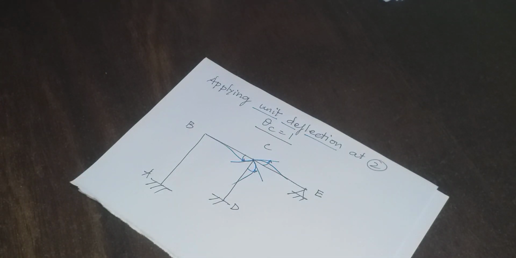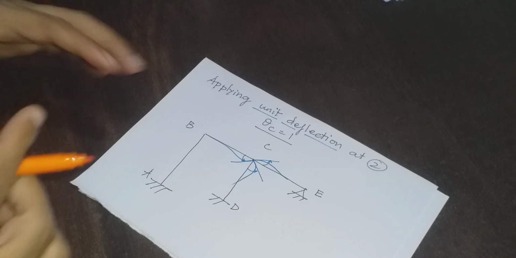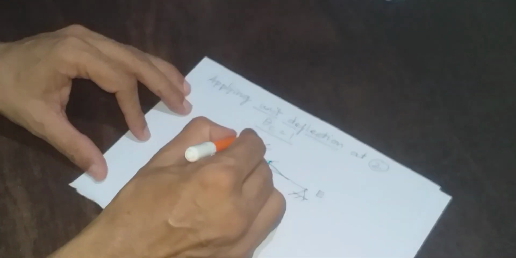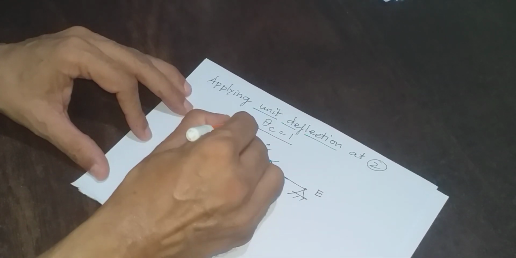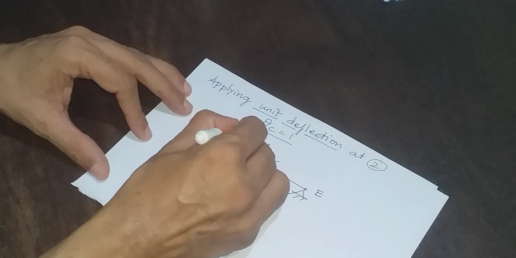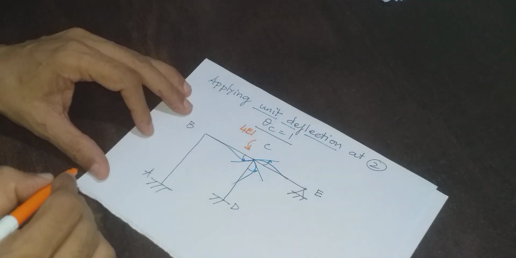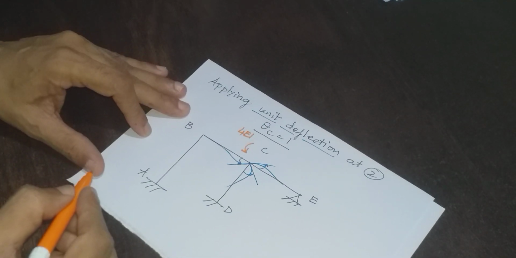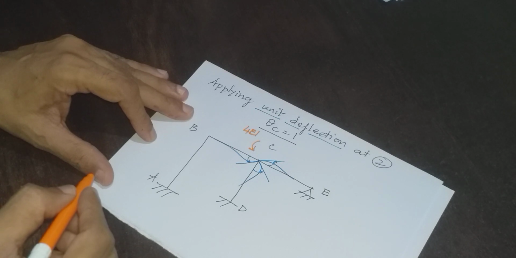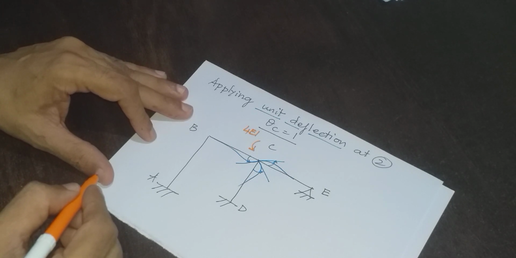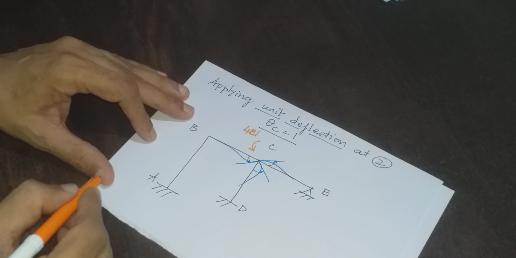Now let us consider one by one what are the effects of these unit deflections. What will be the moments generated, what will be the forces generated due to unit deflection. The first force in the portion CB will be in this direction. Since it is anti-clockwise, the force also will be anti-clockwise. I hope you remember those 8 diagrams, 4 diagrams for rotational stiffness, 4 diagrams for translational stiffness that we discussed in the second lecture in the beginning of the semester.